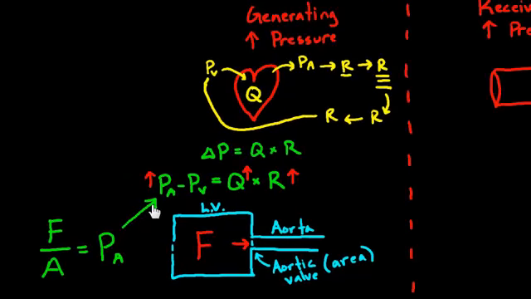Let's say there's lots and lots of resistance in the vessels, so that all these numbers are slowly going up, up, up. That's going to cause the overall resistance to go up, and now the left ventricle has to put in more force. Or what if you have larger flow? You have a larger volume of blood you're trying to move around. Again, the aortic pressure is going to have to go up.